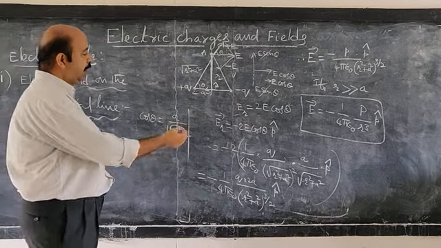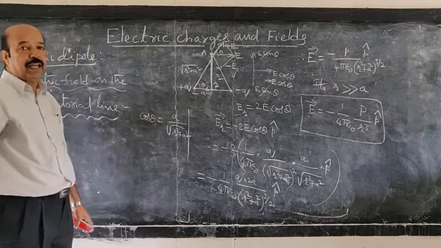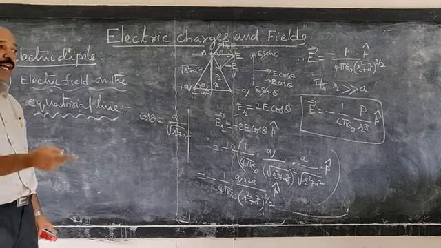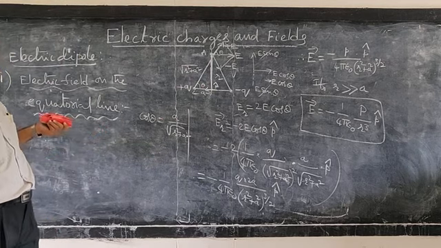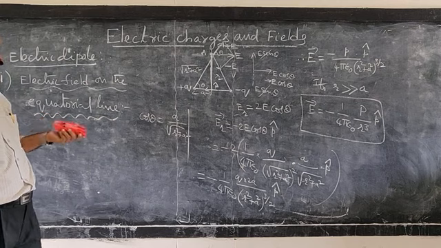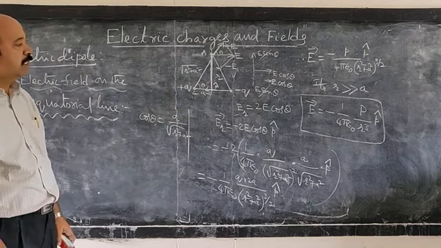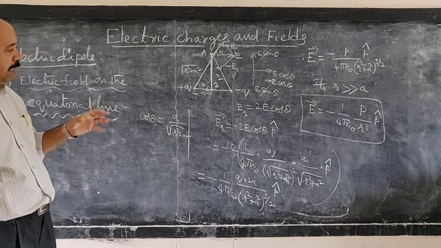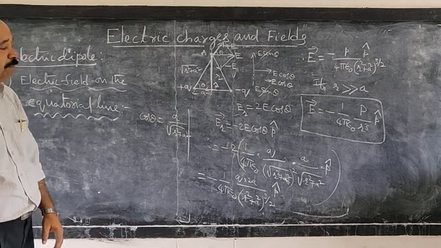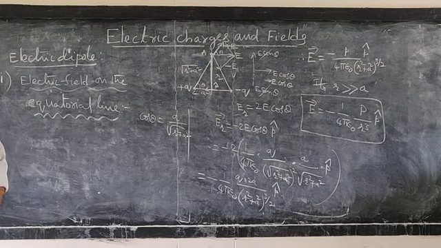Here you see the direction of the electric field is opposite to the dipole direction, whereas along the axial line it is in the direction of the dipole. Like this we can derive equations for the electric field strengths due to a dipole on the axial line and the equatorial line.